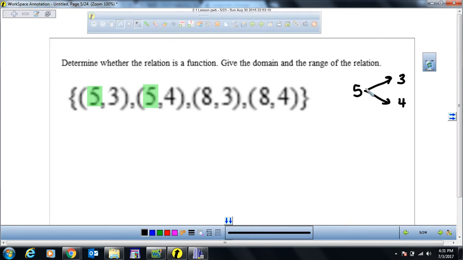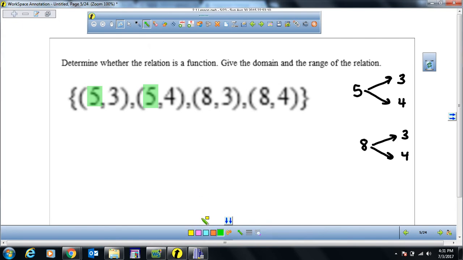Likewise, the 8 has two different values of y, which is 3 and 4. So that means automatically that this one will not be a function because every value of x does not have only one y. It has two y's.